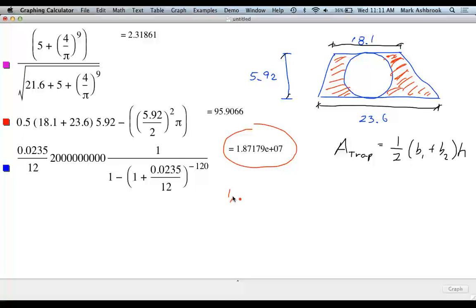So we get 1,871. There's 3. 1, 2, 3. Oh, so the commas are in the wrong place. Just do it here. 790. Is that right? 1, 2, 3, 4, 5, 6. Do I need one more? 7. Now we can do the commas.